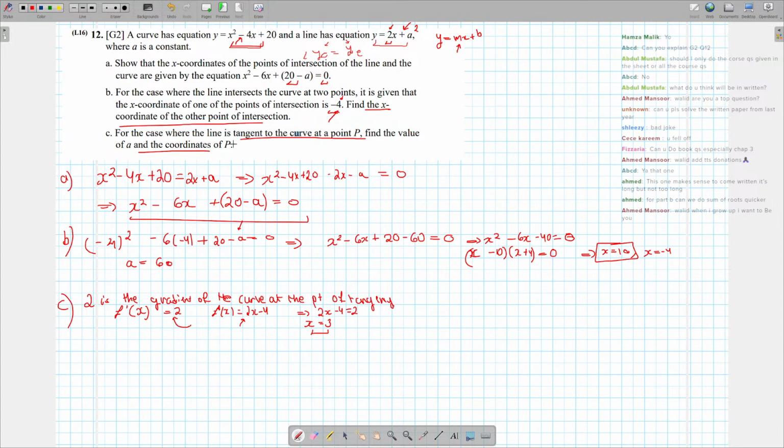Now we can find the coordinates of P. It's at x equals 3. Can I find the y value if I know that x equals 3? Of course.